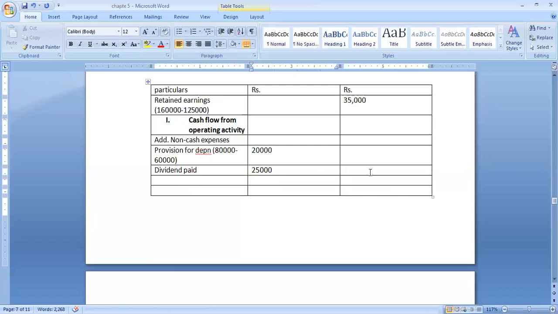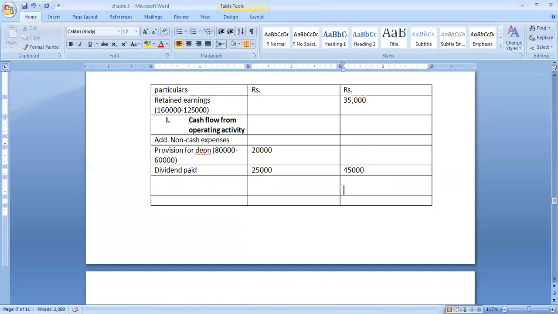So these two are the non-cash expenses which is given in the question. Now, so add back these two. Okay, 20,000 and 25,000 will give you 45,000. So now add 35,000 and 45,000. It is, add that to information. You will get 80,000.